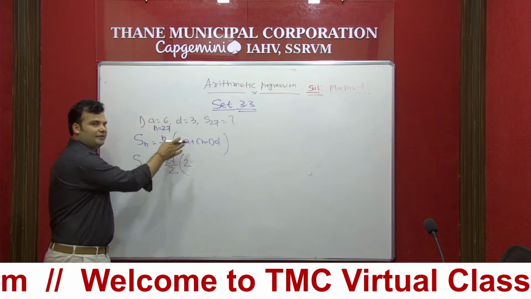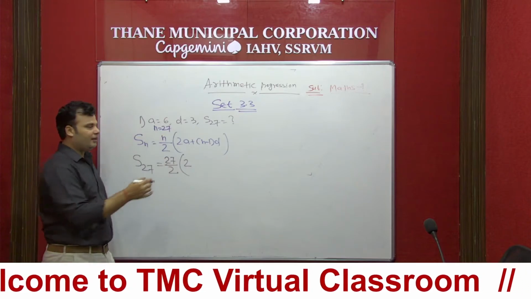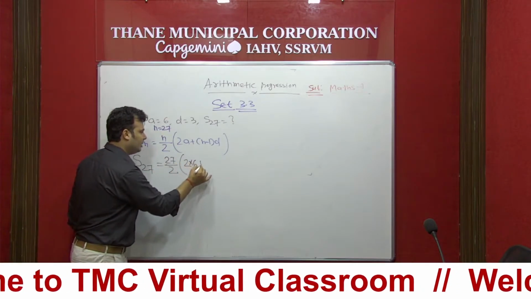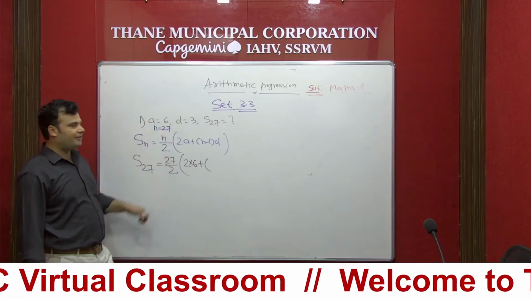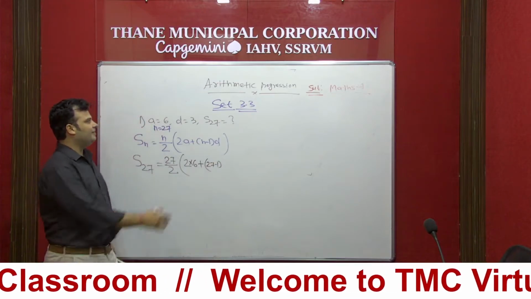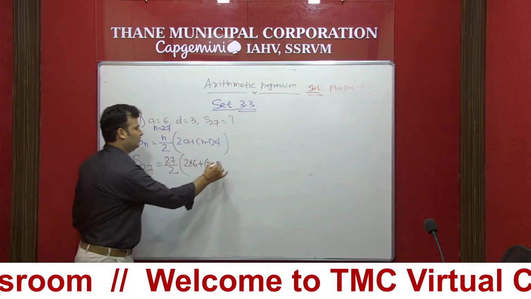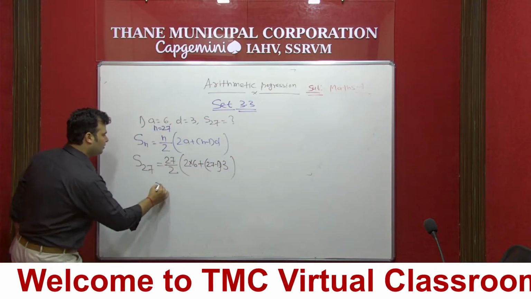Now everything is given, we have to just put the value. Now 2a, so in place of a we can put 6, so 2 into 6 plus n minus 1. So what is n? Yes, correct, that is 27. So 27 minus 1 and d is given 3, that is common difference. So d is 3 only.